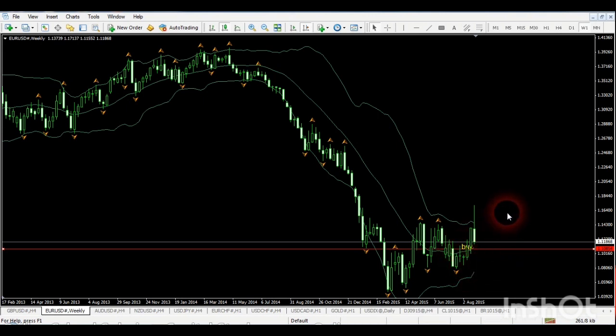I wanted to open a buy position in this candle. This line is upwards, and this line is upwards as well. And I told you, at least 50% of the candle should be above the middle line. And if you want to trade, at the most there should be 2 candles above the middle line.